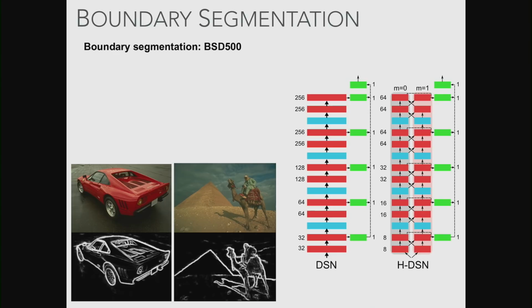Another thing we tried was boundary segmentation, and this is a standard sort of network that people use. You've got these convolutions, which are in red. You've got these blue things, which I think were max pooling or mean pooling. The particular network we used was called a deeply supervised network. What happens is you take a one-by-one convolution, every second convolution, which is this green thing, which collapses all of the image information into a single channel.